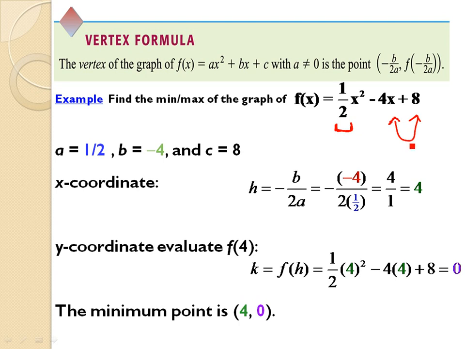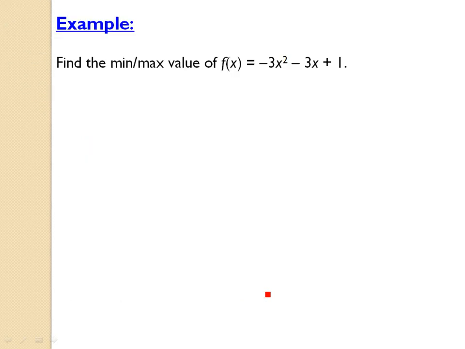So the lowest point here will be the vertex, but also the minimum point. Now if I were to ask you what was the minimum value, it would be 0. And we'll talk about that a little later.